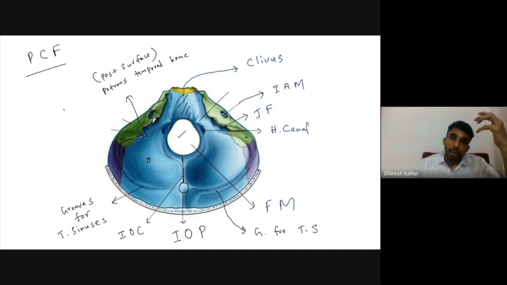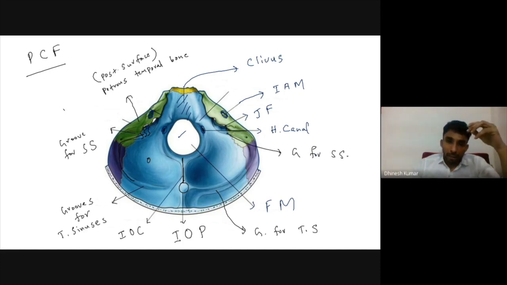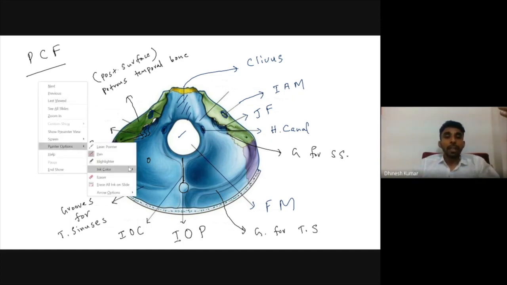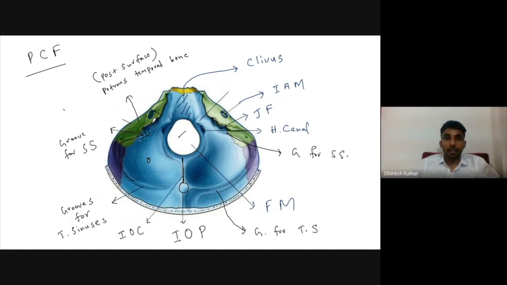Sigmoid sinus. So these are the grooves for sigmoid sinus, both sides. And you know the sigmoid sinus will finally be passing through the jugular foramen to continue downwards as internal jugular vein, isn't it? So these are the important features present in the posterior cranial fossa.